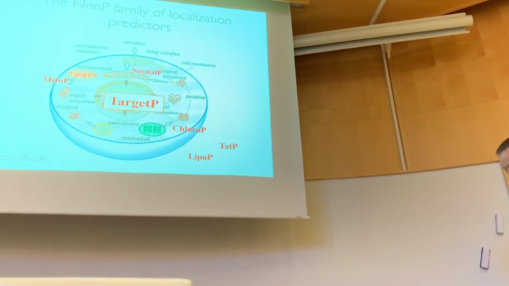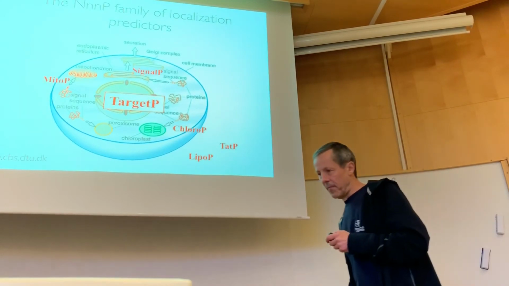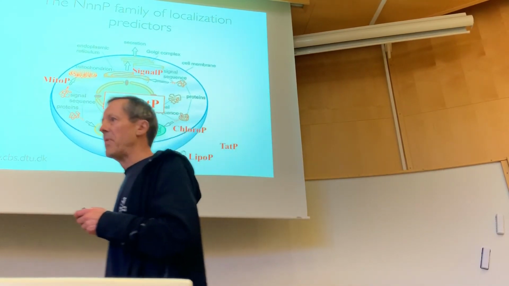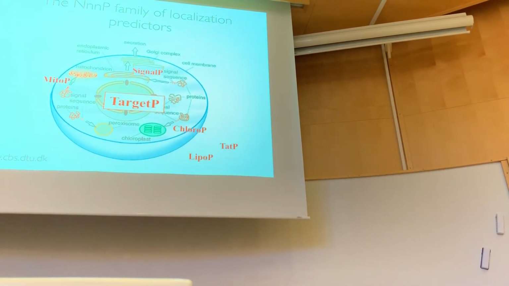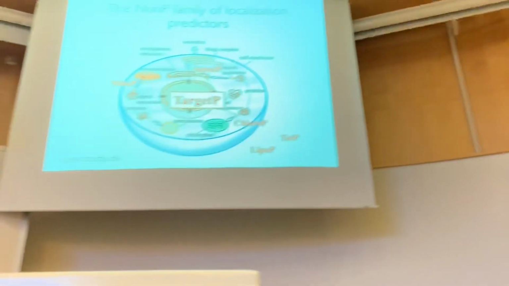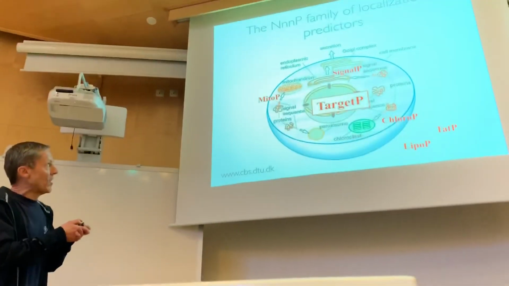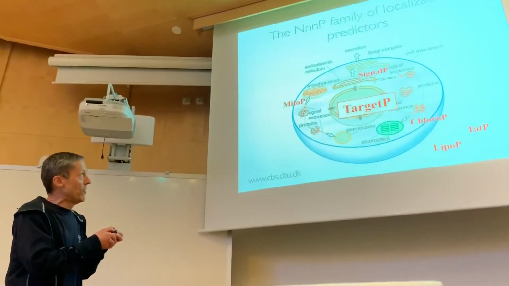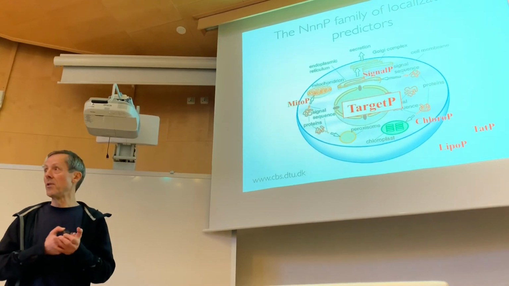Then there is another one developed in Japan that has many, many more possible locations. So for instance, TargetP would only say, well, this protein has an ER targeting signal peptide. But this more advanced one would say, well, it has a signal sequence on it, so therefore it's going to be targeted to the ER.